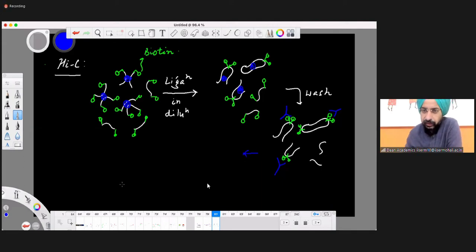Okay, so now we washed it and then we pull it down. We will only pull down the ones which are at the junction and have stable biotin labeling. And once we pull it down, we need to chop it down further. Why do we need to chop it down? Because in the end we will be using next generation sequencing and we want to reduce the sequencing cost, number one.